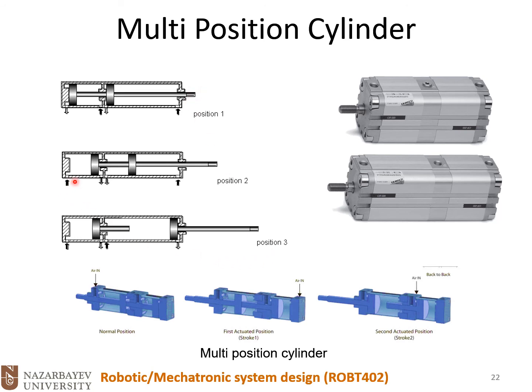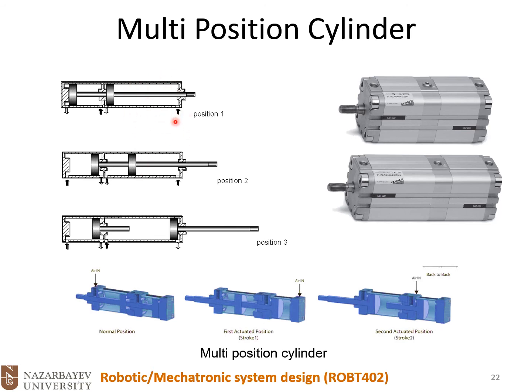On this one, the left chamber of the first cylinder is pressurized, so it's moved forward, but the left chamber of the front cylinder is not pressurized, and the status of the ports remained as before.